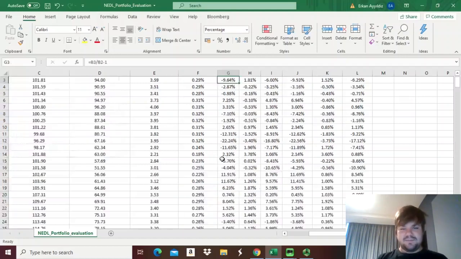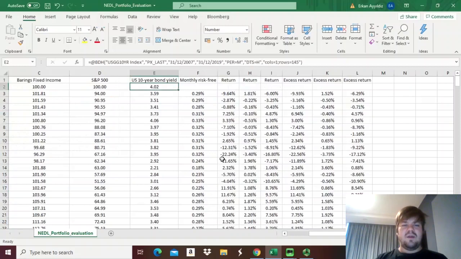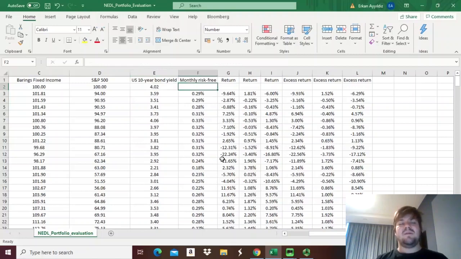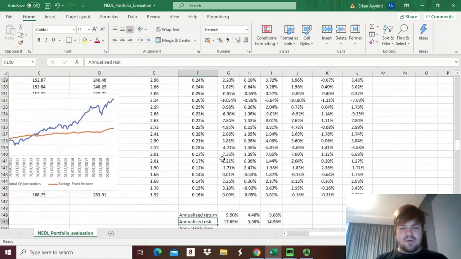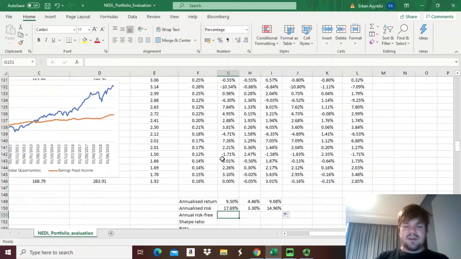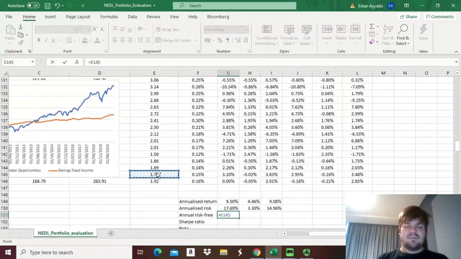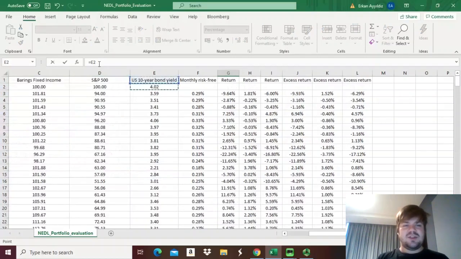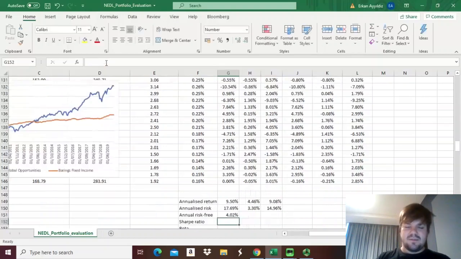So at the very start of our period, we could have invested all of our capital risk-free at 4.02% per annum. So our risk-free rate for all three cases, that's a hypothetical investor that just allocates their capital to US government bonds, is just the US 10-year government bond yield divided by 100, because we want it in percentage again.